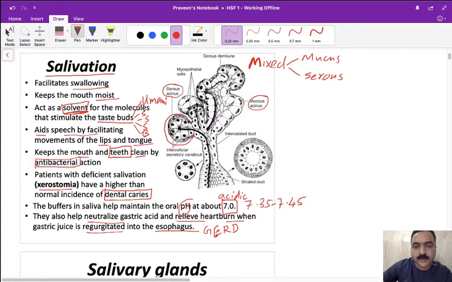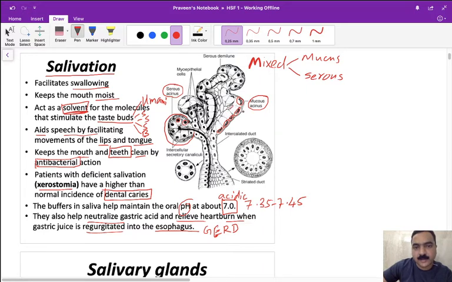Histologically, you can see the differences over here. In the serous acinus the nucleus is more towards the center, and you can see a lot of secretory vesicles. In the mucus secreting glands the nucleus is a little elongated and towards the basolateral side. This is the basal side and this is the apical side of the gland.